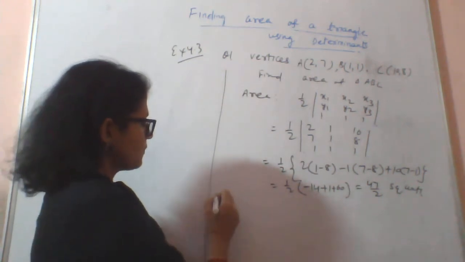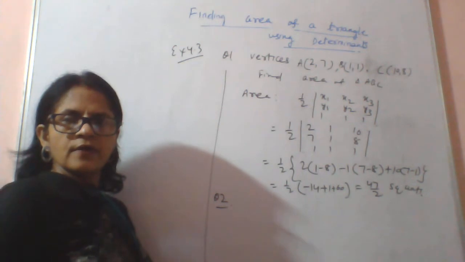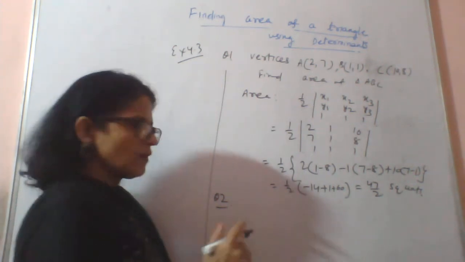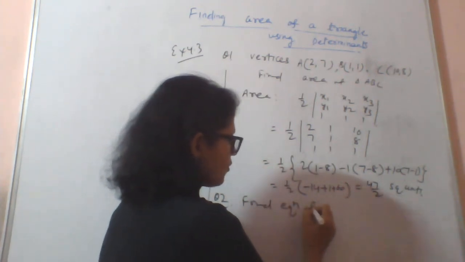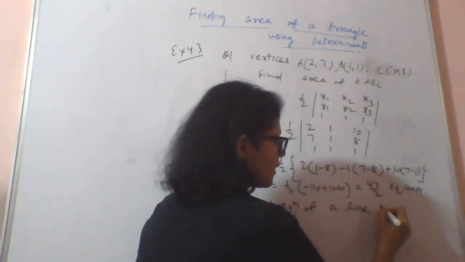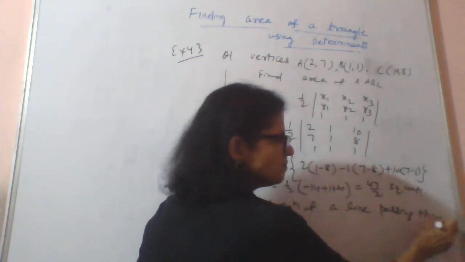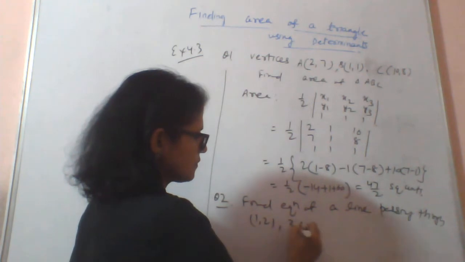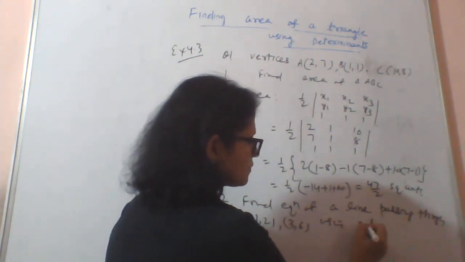Okay, so I am taking the second question. The second question is: find the equation of the line passing through 2 given points. Find the equation of a line passing through (1, 2) and (3, 6) using determinants.